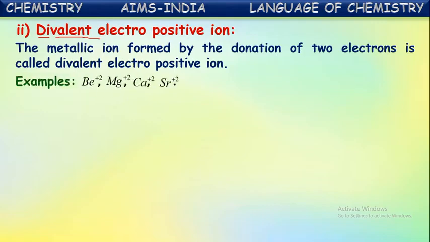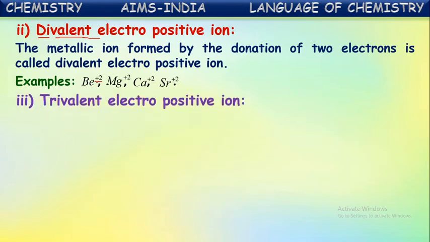For example, beryllium +2, Mg+2, Ca+2, strontium +2. If you observe, these all have positive charge 2. That means they lost 2 electrons. They attained this positive charge by losing 2 electrons each. So these are called divalent, 2 valency, electropositive ions. Divalent cations also they can be called.